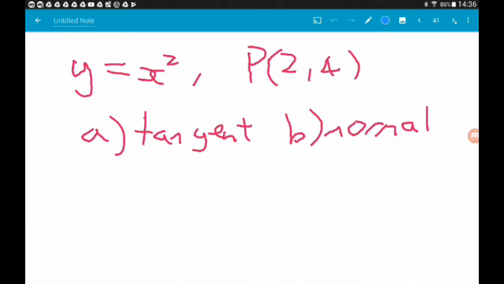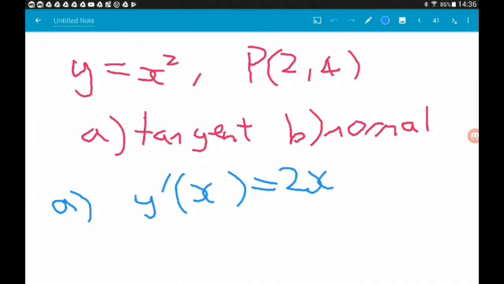for part B we want to find the normal. So, for part A, the first step is to differentiate. If y equals x squared, then our derivative y dash of x is equal to 2x. So that's our gradient function. Now we can work out the gradient of y equals x squared when x is equal to 2.